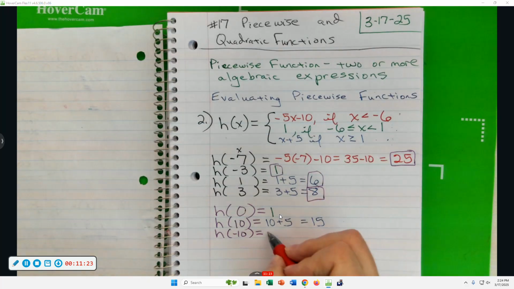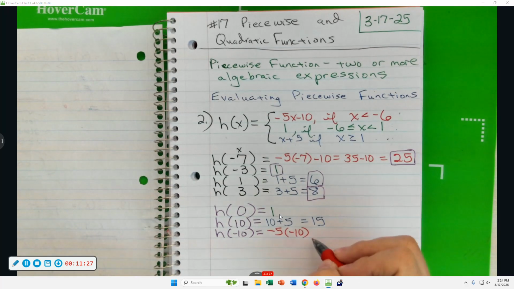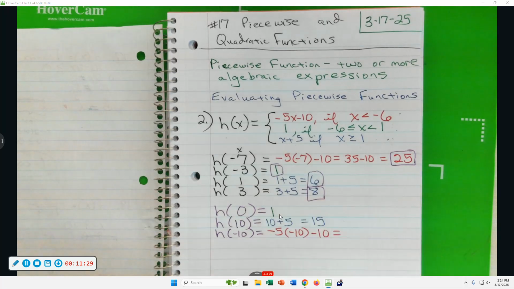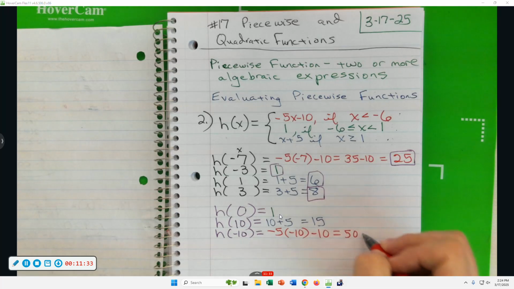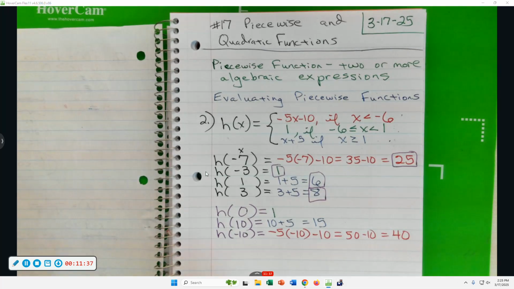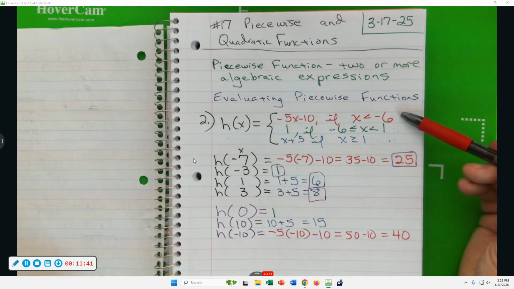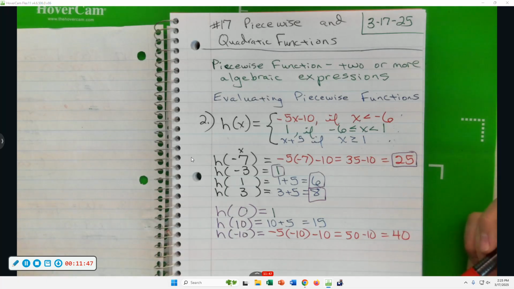There's an x to plug into. -5 times -10 minus 10. That would be 50 minus 10, which gives a y value of 40. To evaluate a piecewise function, you decide which inequality is satisfied by the x value, and that's what you plug into. Any questions there?